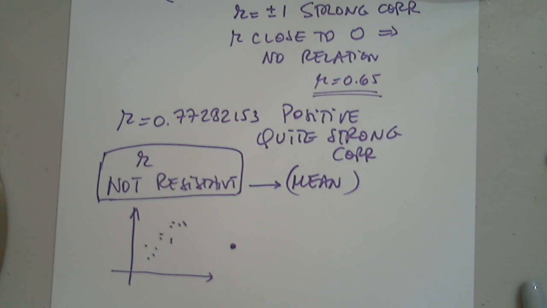This and this. So these are the only options for negative 0.7. Now, this appears to me to be less steep than this one. This is steeper.